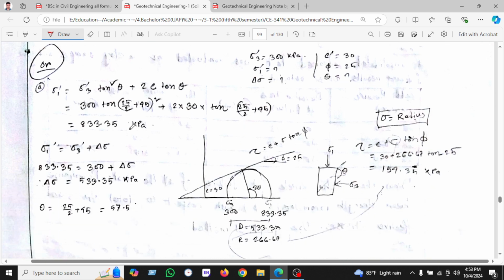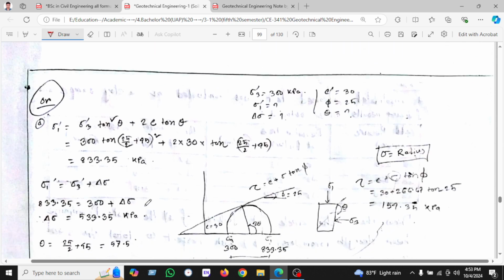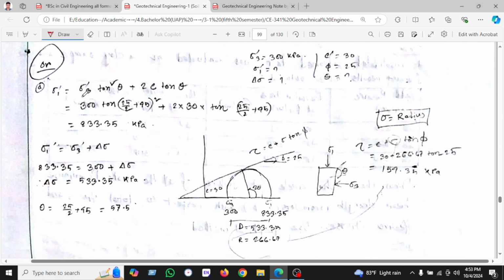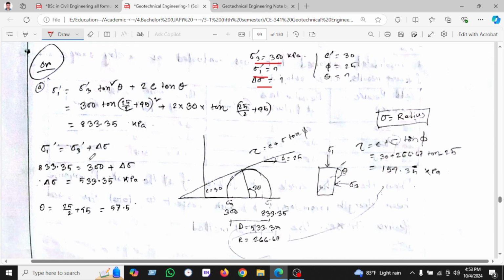Or we can use another way to get the answer, which is sigma 1 equals sigma 3 prime times tan squared theta plus 2c times tan theta. Sigma 3 is given as 300, sigma 1 we have to calculate, and in this way we can use this formula also, and find delta sigma, and theta is found here too.